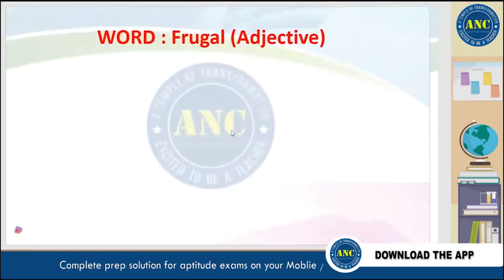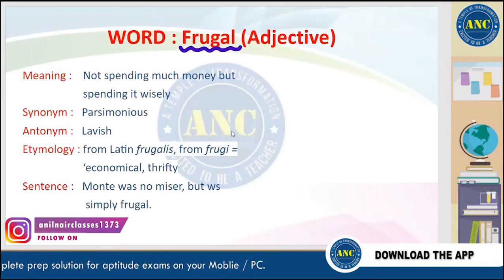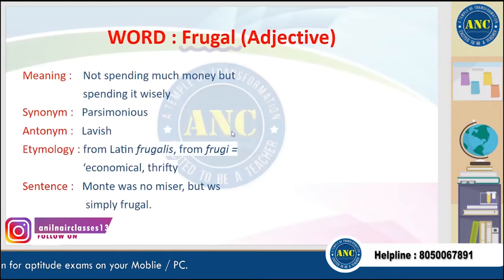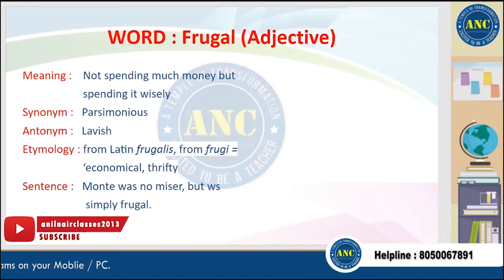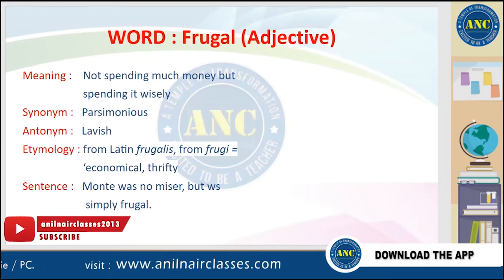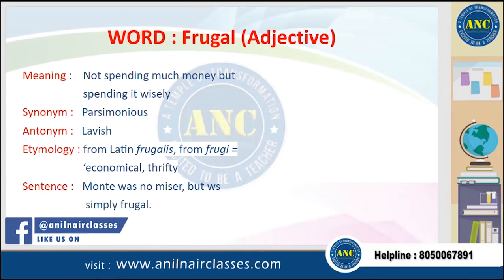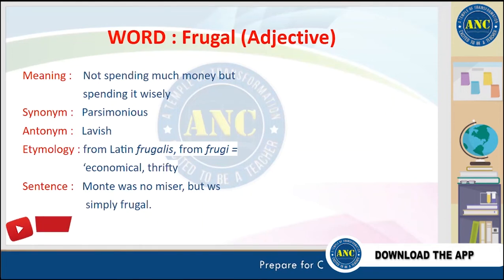Okay, moving on to the next word, frugal. Now, a couple of slides ago, we saw a word called parsimonious, and frugal is pretty much the synonym of parsimonious. It means not spending much money, but spending it wisely. So it's actually a little bit different from miserly, but it still conveys an overall same meaning.